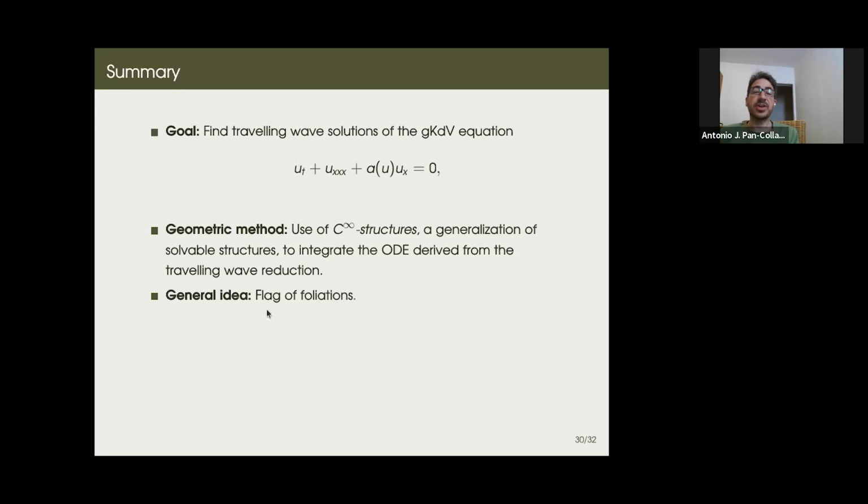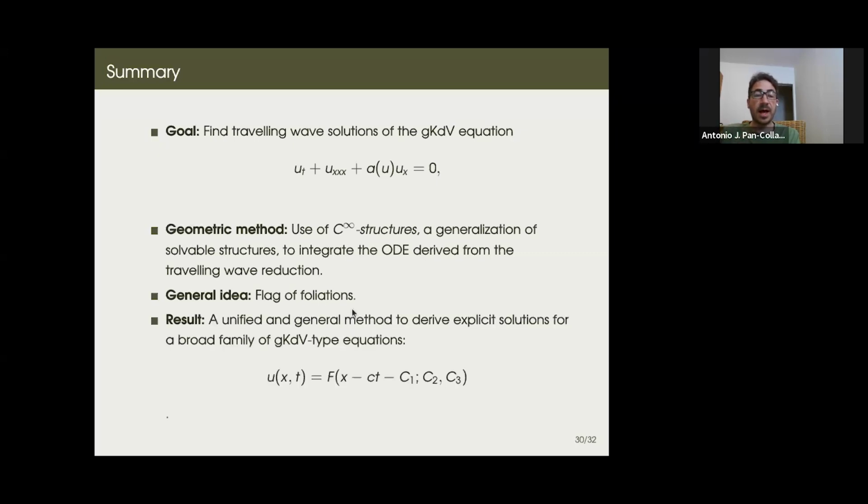Recall also that this is a general procedure to solve other ODEs, or in general to integrate an involutive distribution. The geometric idea is that you have a kind of flag of foliations embedded into one another. And as a result, we have a unified and general framework to derive explicit solutions for a broad family of KdV type equations.